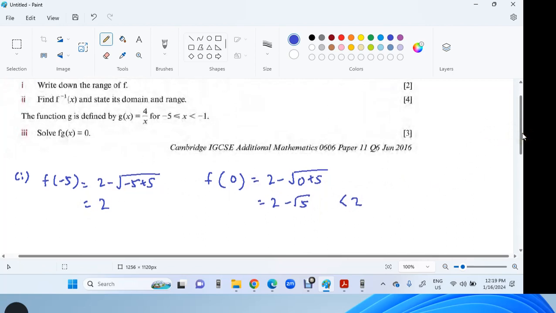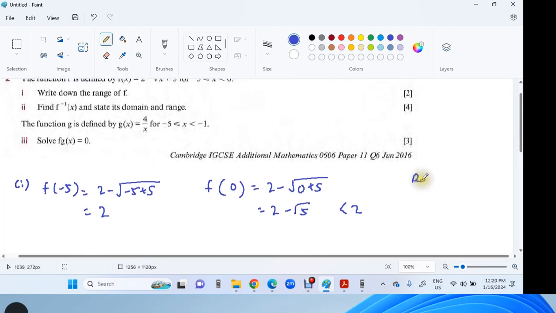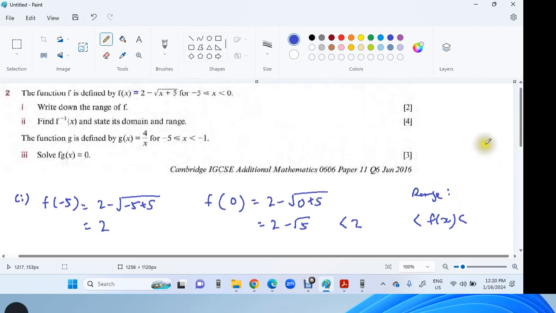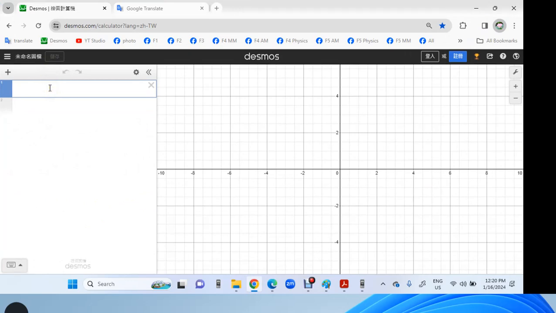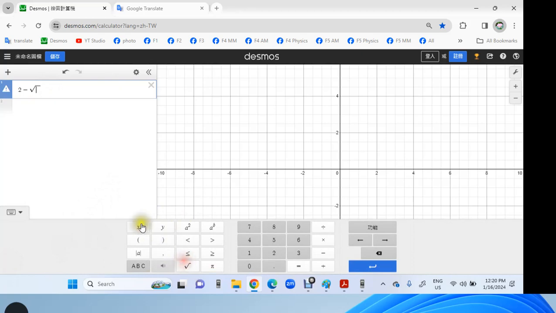So the range for this one will be f(x) between 2 minus square root 5, which is not inclusive, so we do not include this one, and then we include 2. Okay, so 2 minus square root of (x plus 5).